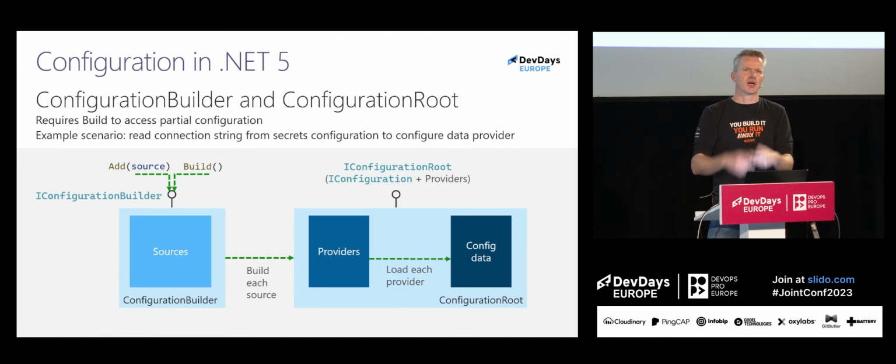Usually they have some type of configuration in order to get to it. But to configure it, you need to get to the configuration of that new configuration. So you need to do an intermediary build, and it's kind of a pain that you need to do build, then add some more, and then do a build again.